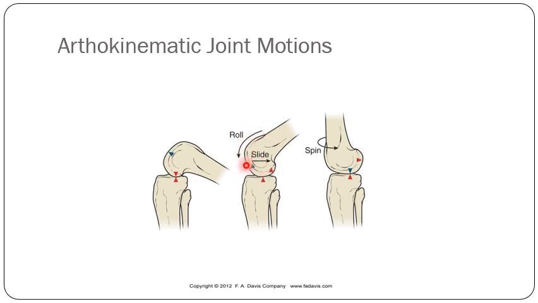So if there are little points on this, say point 1, point 2, point 3, point 4, point 5, point 6, they're getting new points on one in contact with new points on the other. When you slide, one point on one surface comes into contact with new points on the other.